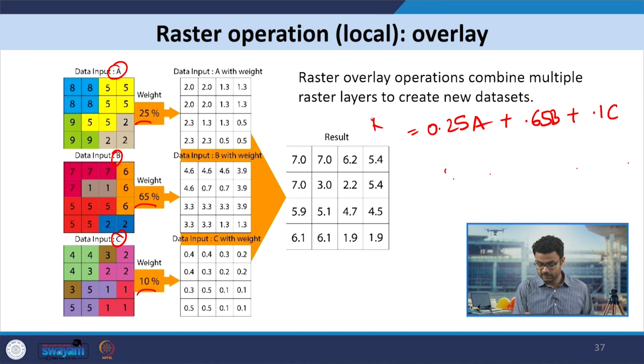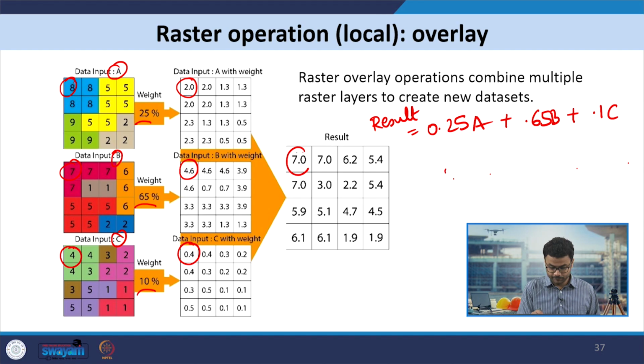This will be the result of the overlay operation, which is applied on a pixel by pixel basis. For example, we have 8 over here, which is multiplied by the weight of 0.25, then we get 2. 7 multiplied by the weight of 0.65, we get 4.6, and 4 multiplied by a weight of 0.1, we get 0.4. Then the sum of 2, 4.6 and 0.4 is 7. Right? So, this is an overlay operation.